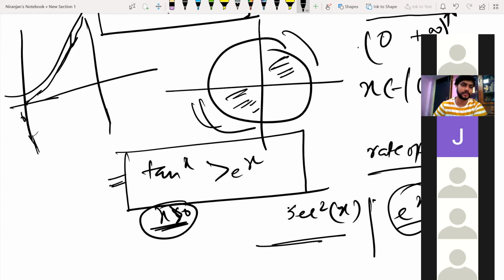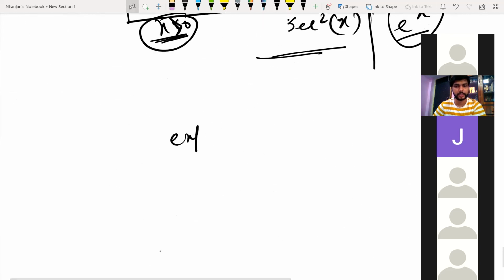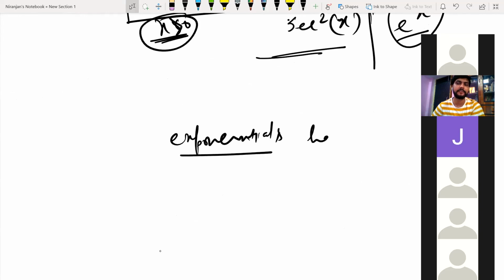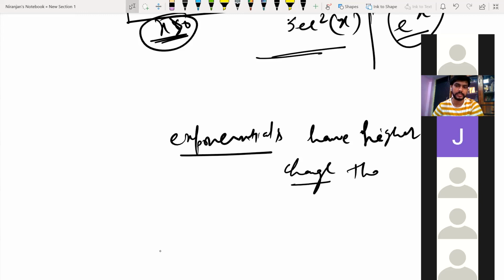So one thing you should always keep in mind, that exponentials have a higher rate of change than trig functions, right?